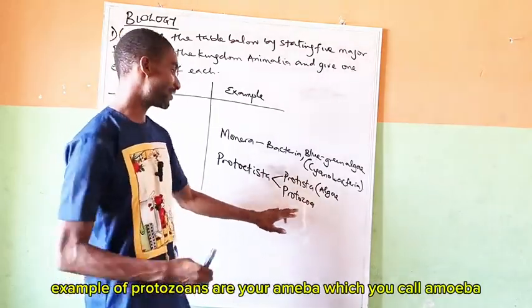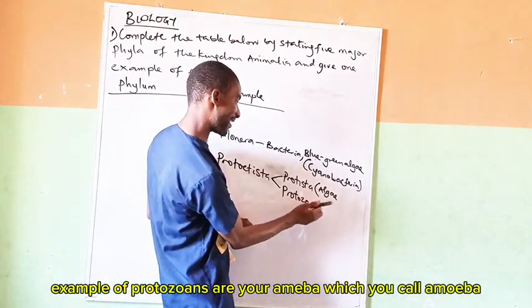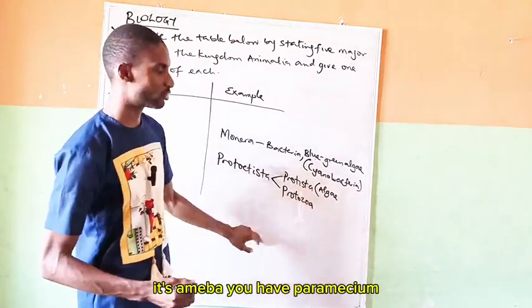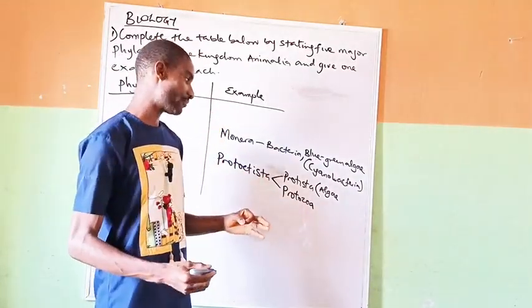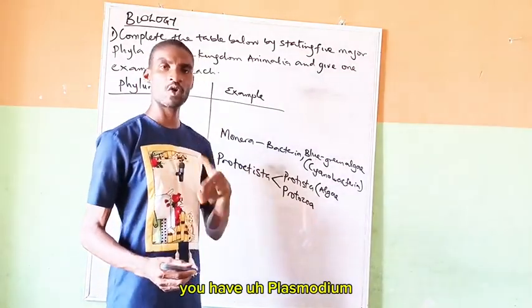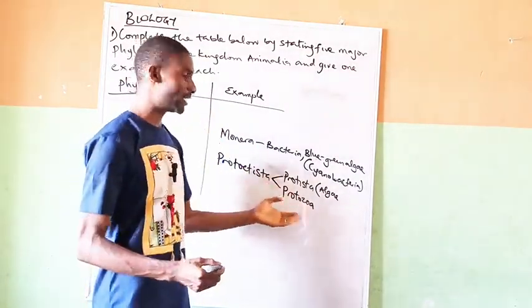Now, protozoans are like the early animals. Proto means less developed, primary, basic. Zoa is from the word zoology, animals. So the early animals.